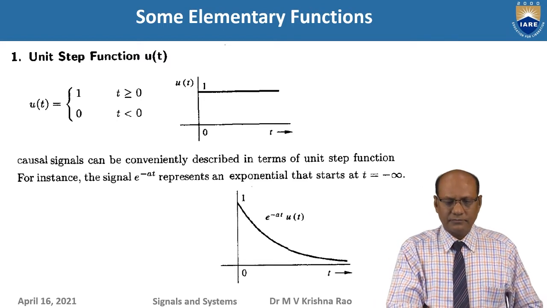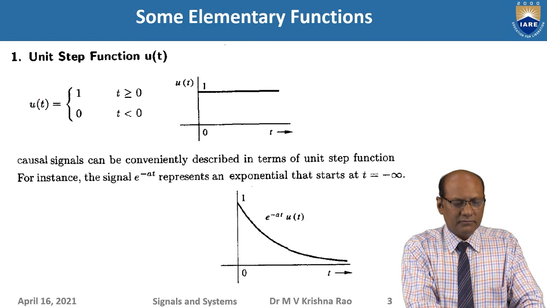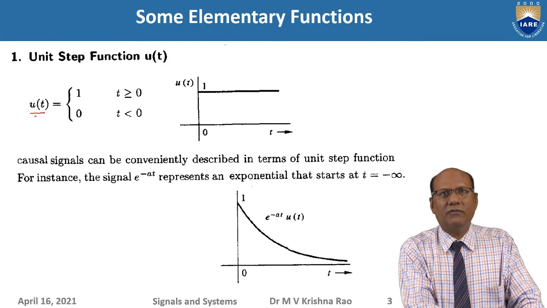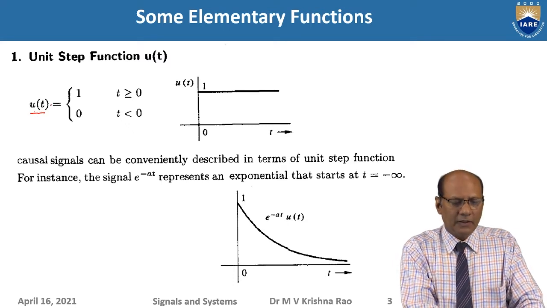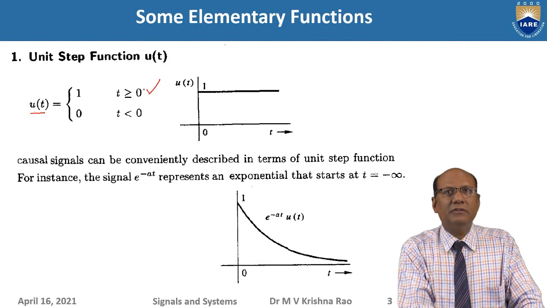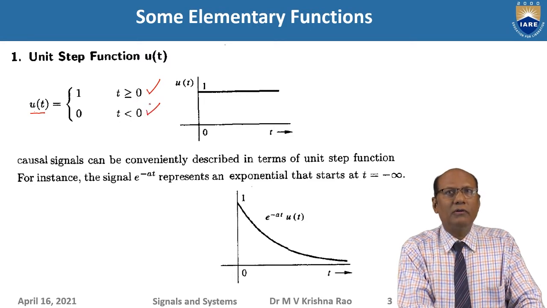So here the unit step function is given by the notation u of t, or function u of t. It is equal to unity when time t is greater than or equal to 0, and it is 0 before t equal to 0, that is t less than 0.